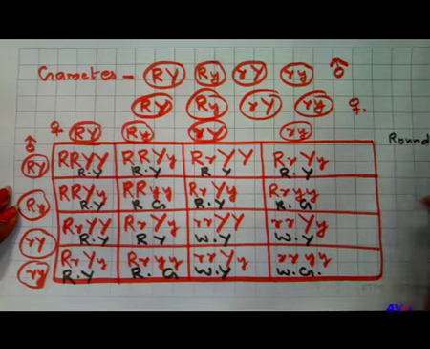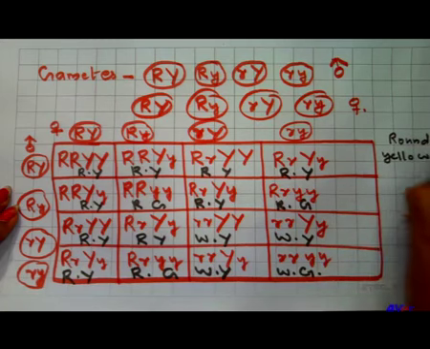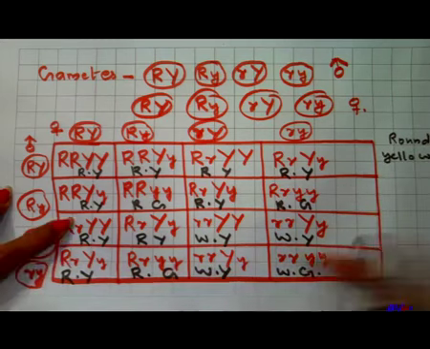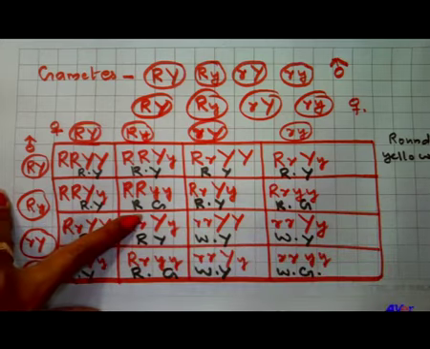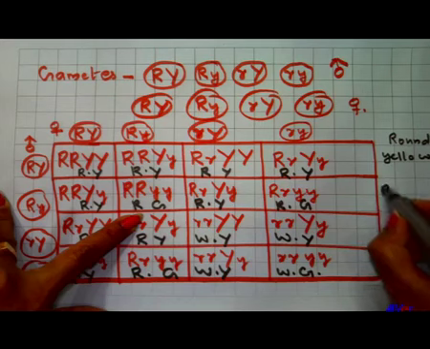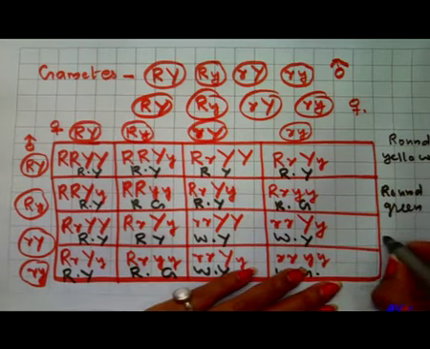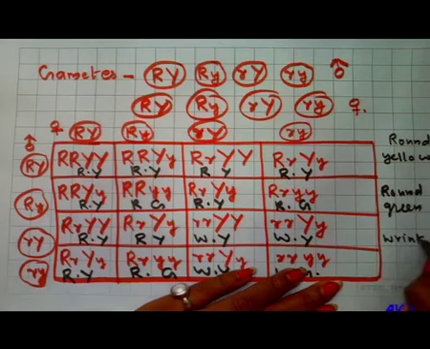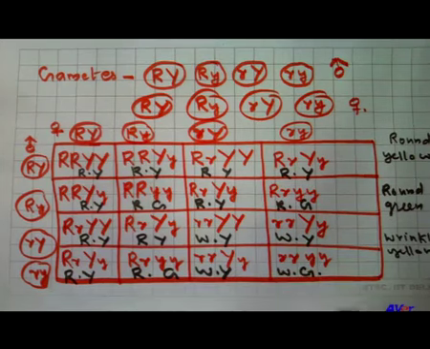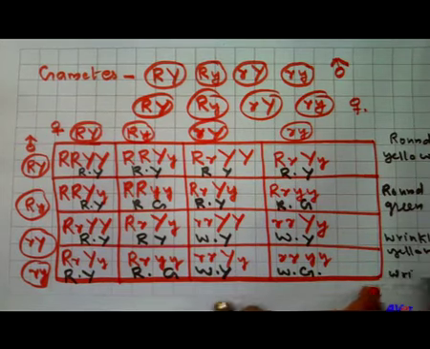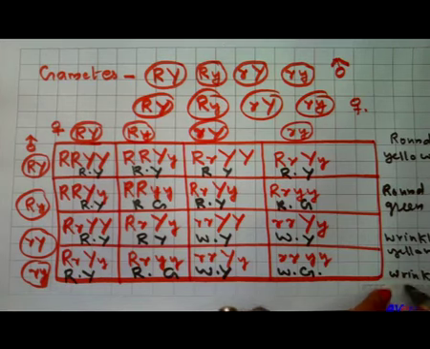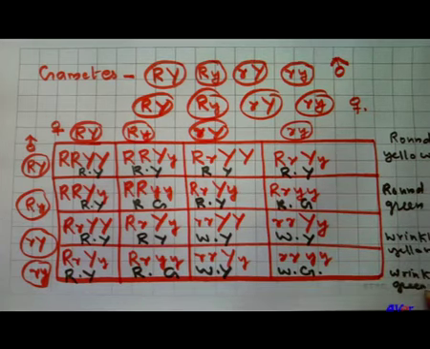Round yellow, then the next one is round green, then wrinkled yellow, now the last one, that is wrinkled green. So, there are 4 different types of phenotypes.